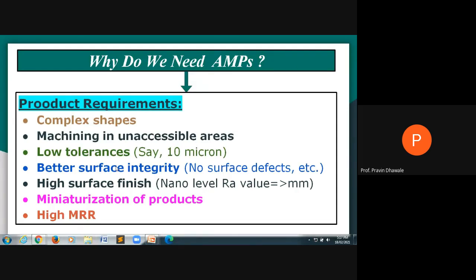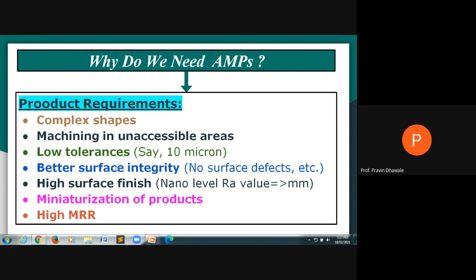When will it be required? Machining in inaccessible areas. Means you are drilling a bore, and in that bore again you have to drill a hole which is parallel to the surface of the workpiece or perpendicular to the surface of the workpiece. So when you have to machine an inaccessible area, that will not be feasible by using conventional machining.